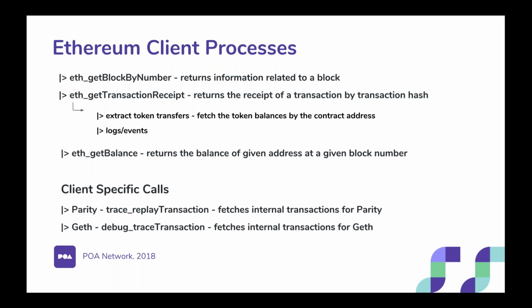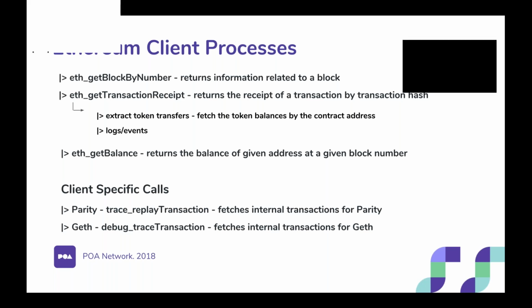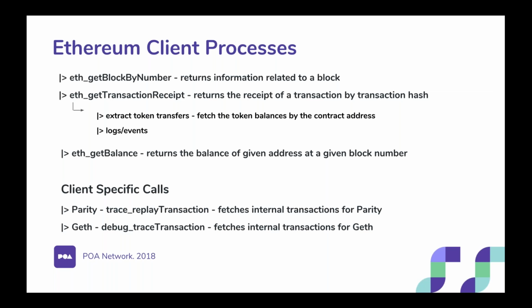There are essentially numerous other processes that can happen in the background from the parent transaction. So in order to keep the state of all the addresses that are involved in one parent transaction, we actually have to go and fetch all these internal transactions. And this is the most expensive call that we make. So this is the reason why we run this asynchronously for our Catchup Indexer.